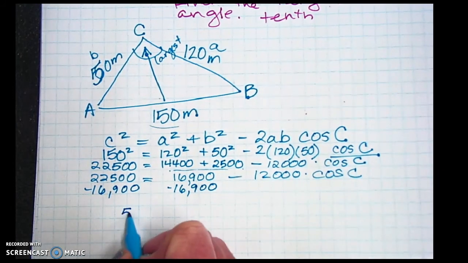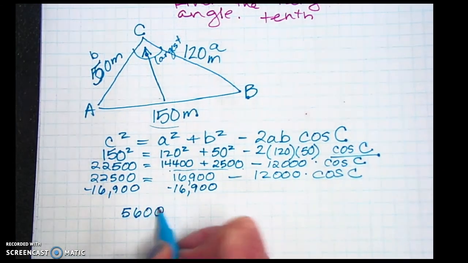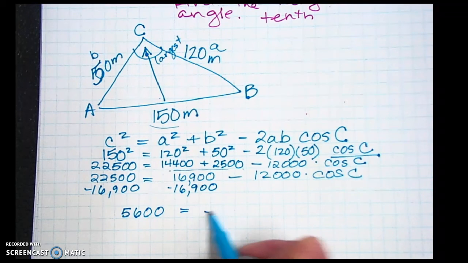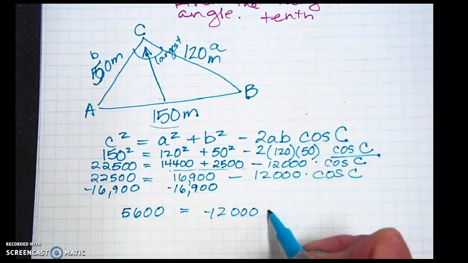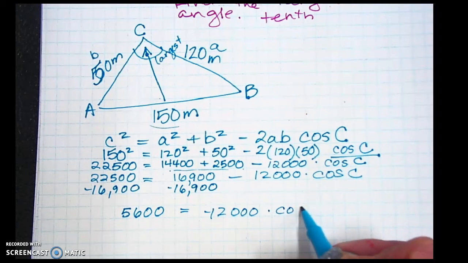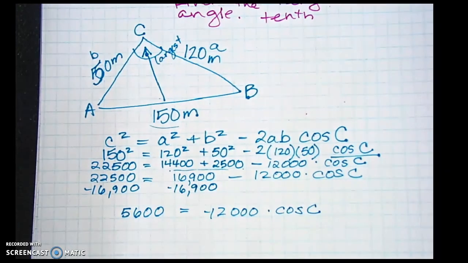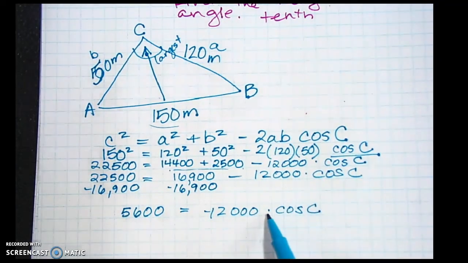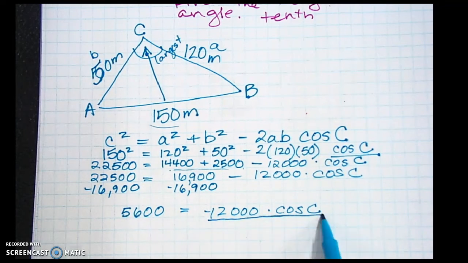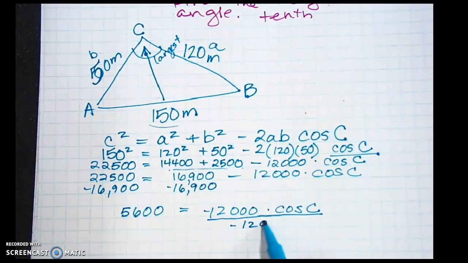That leaves me with 5,600. And then I've got negative 12,000 times the cosine of c. Okay? Now it's being multiplied, so I'm going to divide by negative 12,000.